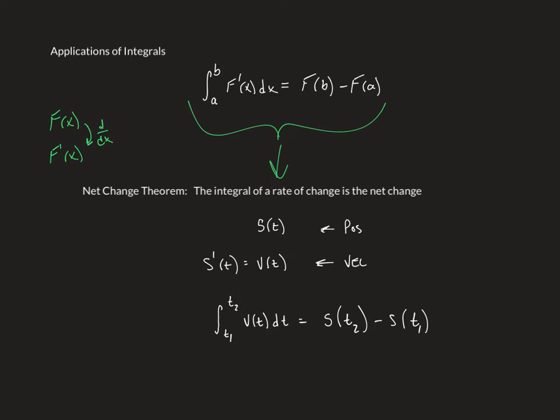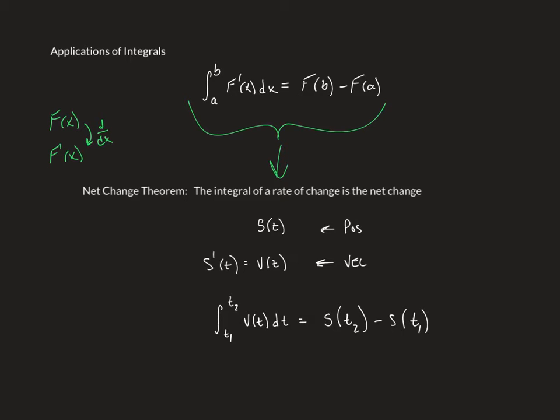And that's just the application of this net change theorem. Rather than having f prime of x, we're using velocity, because velocity is the derivative of the position function, and so then our big F functions here are the position functions. The net change of position is displacement.